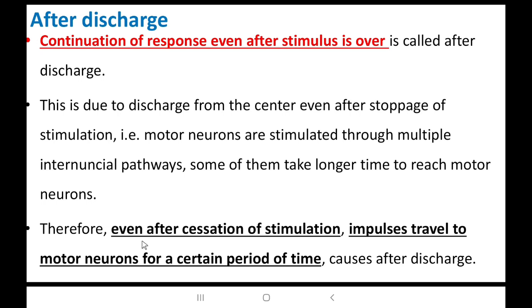That is why even after cessation of stimuli, impulses travel to motor neurons for a certain period of time, because lots of multiple internuncial pathways are there. So it takes time to cross them. So the stimulus is over but our response still continues. This is called after discharge.